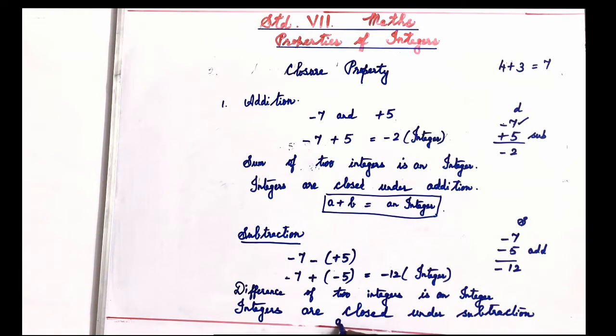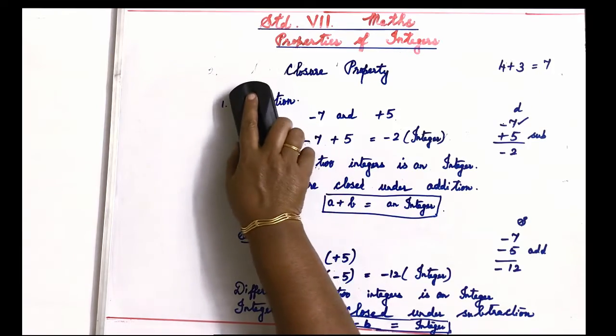We can say a minus b, a can be any integer, b can be any integer. If you subtract two integers, the answer is an integer. So this property is closure property of subtraction. Next we will see closure property in multiplication.